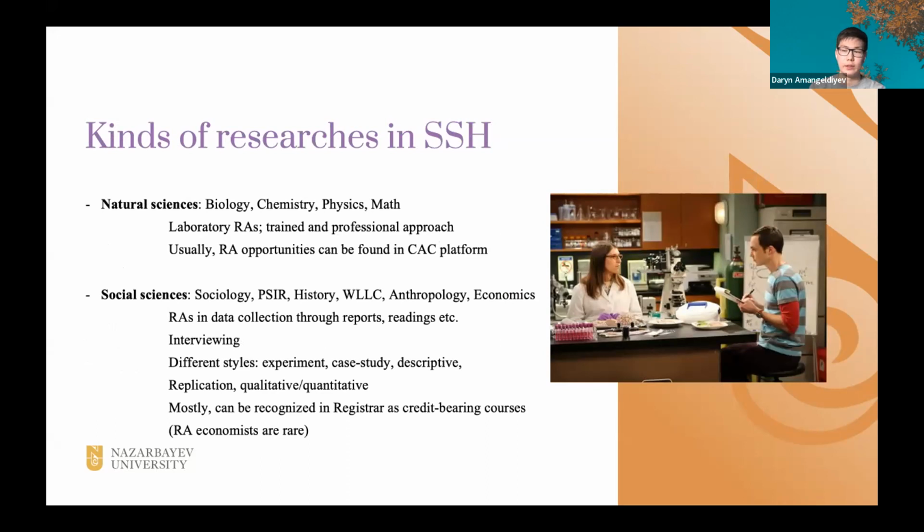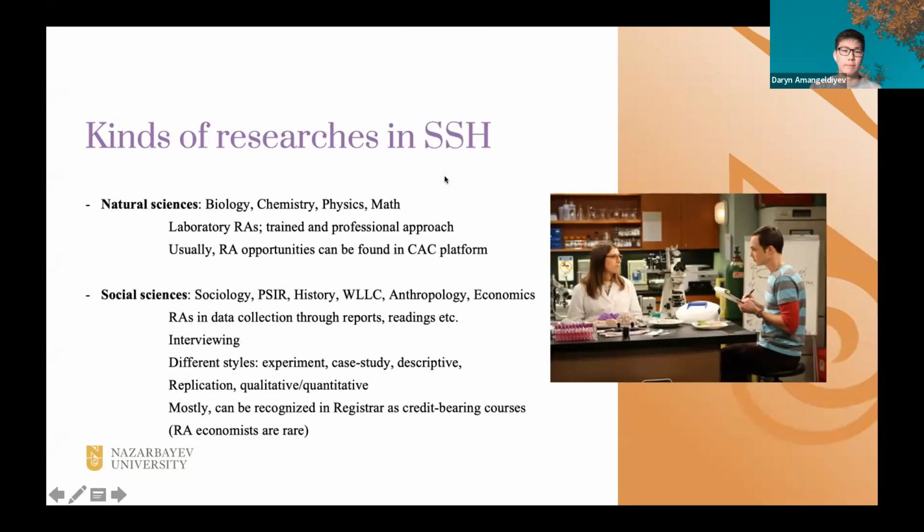So there are lots of different types of research in the SSH department. Starting from the natural sciences, subjects such as biology, chemistry, physics, and math, some of them work in a laboratory, some not, and they have a more trained and professional approach, which requires a little more time to adapt.